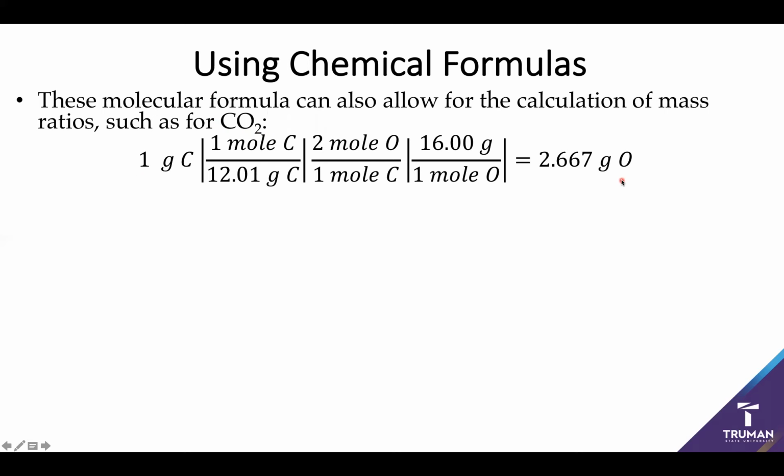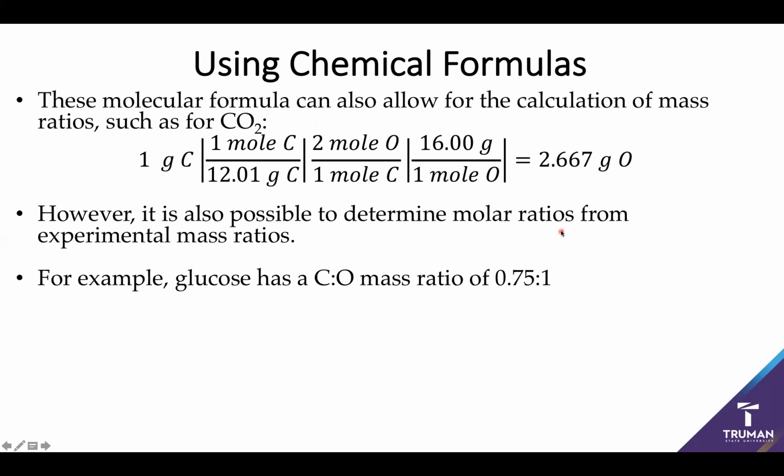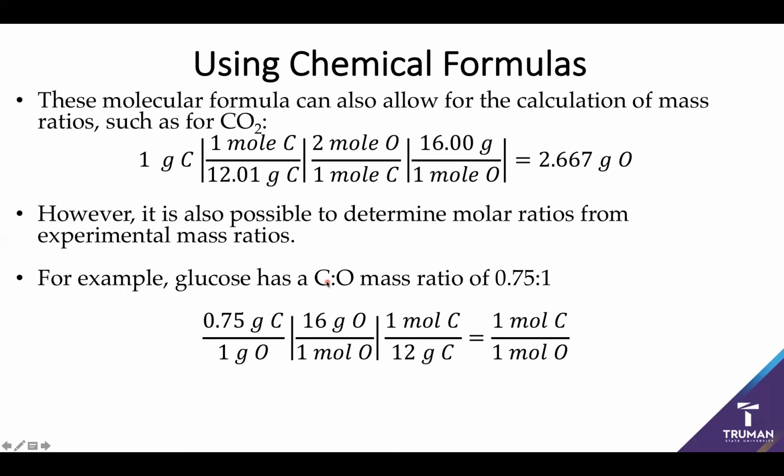However, it's also possible to go the reverse way. If I have a mass ratio, I can determine the molar ratio. So let's take a look at glucose. Glucose has a carbon to oxygen mass ratio of 0.75 to 1. So again, more mass of oxygen than carbon.